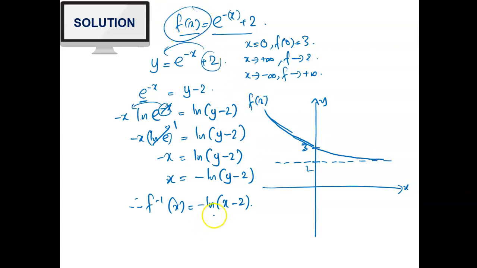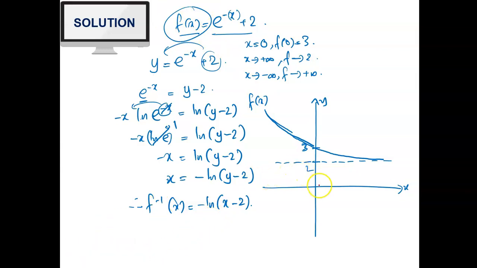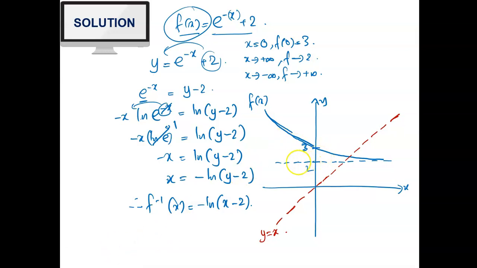Okay, class, to sketch the graph of f and its inverse on the same axis, we need a line of what we call a reflective mirror here, a line of y equal to x. So now, just imagine that if I transfer this line of y equal to 2, it now becomes x equal to 2.